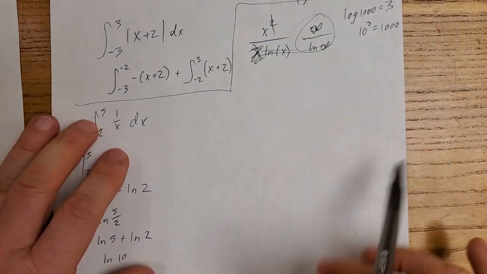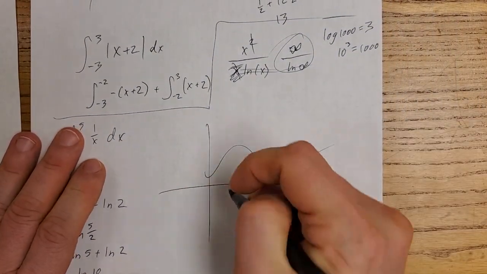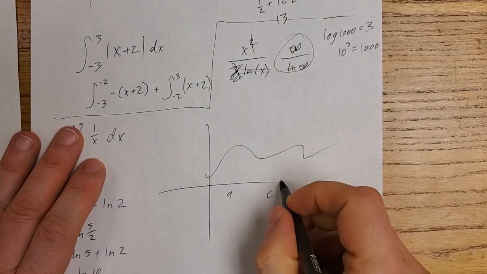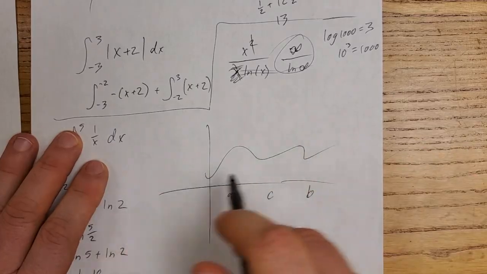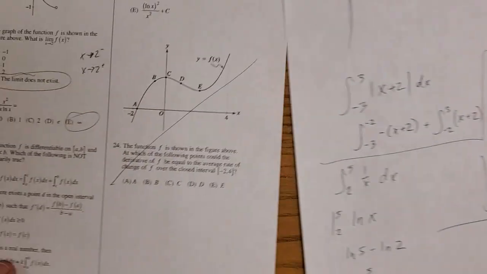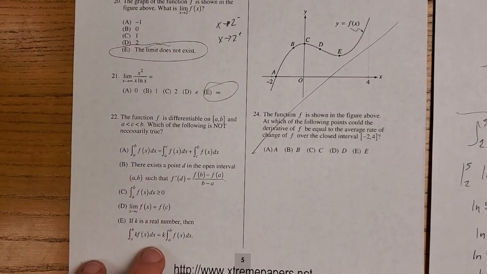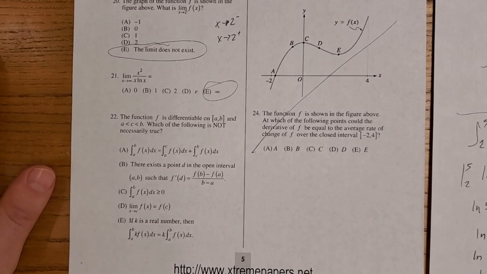So, basically we're saying there's something going on, who knows, and there's a value a and there's a value b and there's a value c in between, and it's differentiable, so there's nothing crazy happening. There's no crazy gaps, no crazy jumps. It's just a normal function that you can do something with. So which of these is not necessarily true?